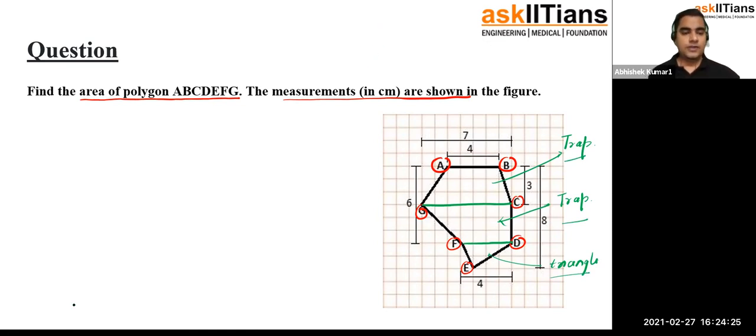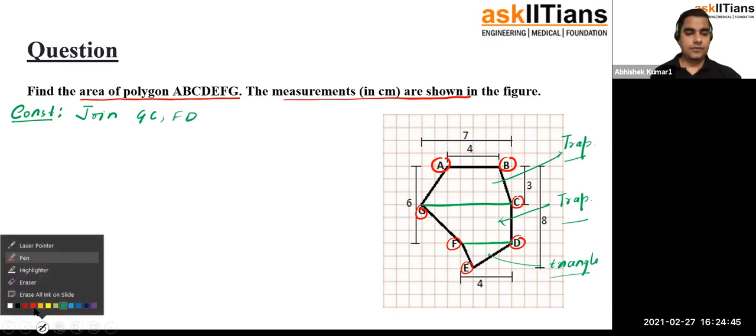So let me mention the construction that we did. The construction is you need to join GC and FD. Now let us see the proof.